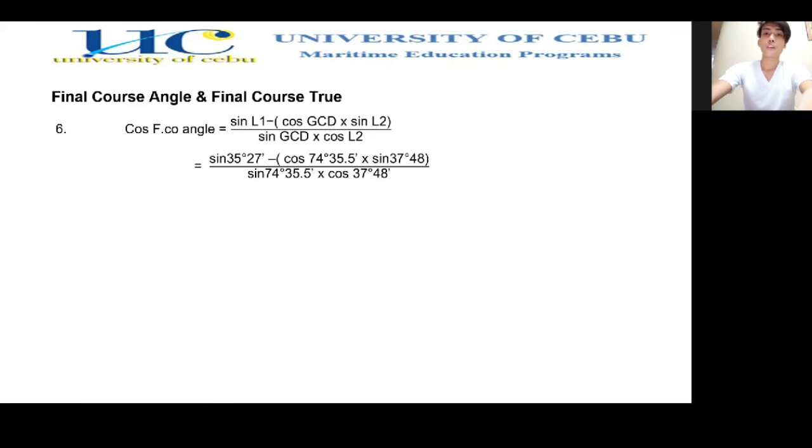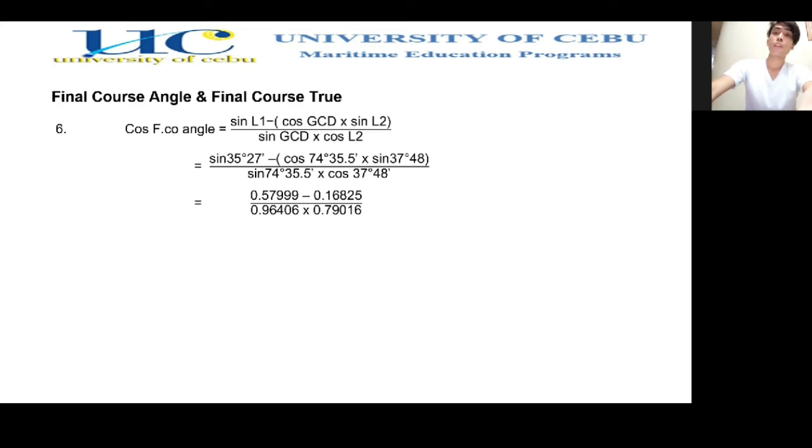Sine latitude 1 or 35 degrees 27 minutes minus open parenthesis cos GCD or 74 degrees 35.5 minutes times sine latitude 2, which is 37 degrees and 48 minutes close parenthesis divided by sine GCD or great circle distance, which is 74 degrees and 35.5 minutes times cos latitude 2, which is 37 degrees and 48 minutes.